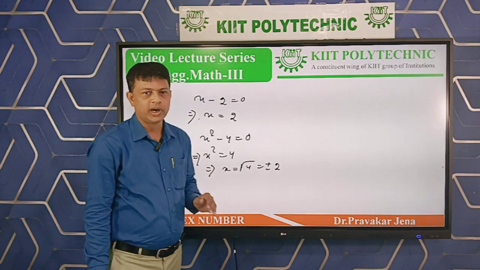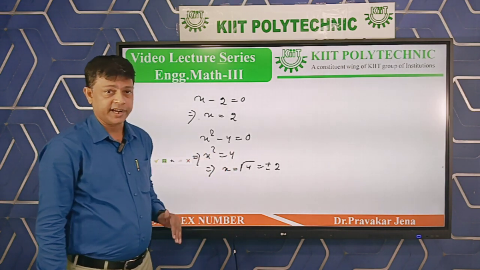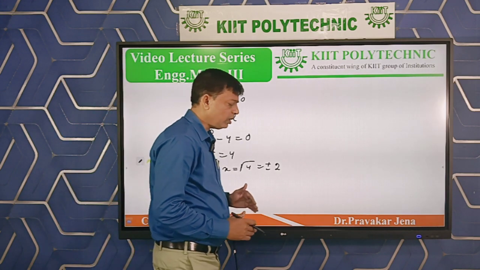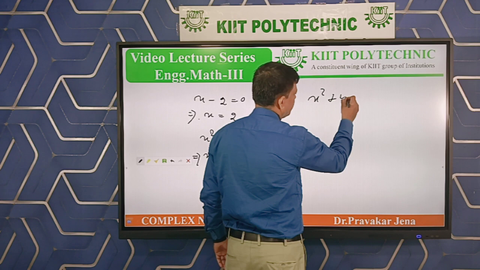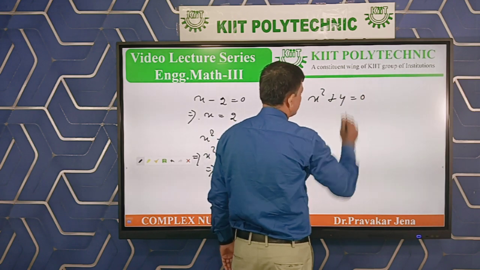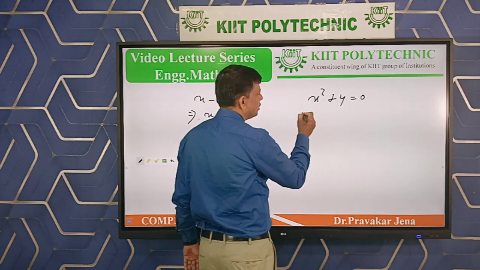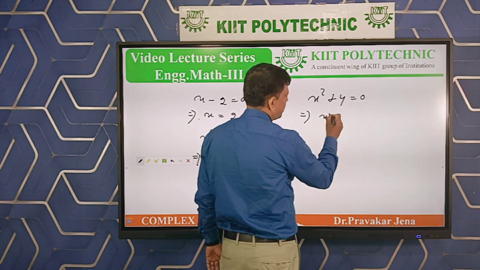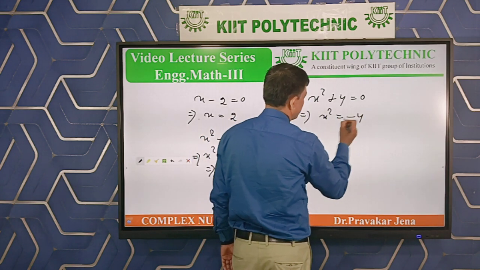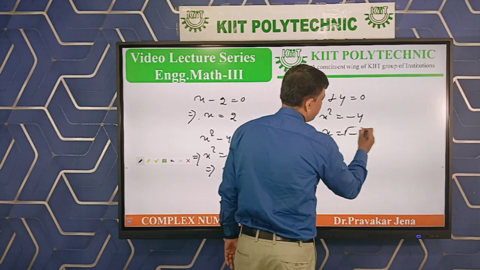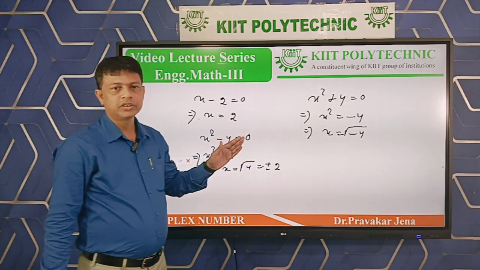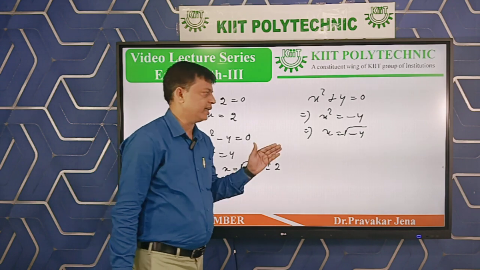But if we consider another equation, x square plus 4 equals 0, then x square equals minus 4, and this implies x equals root over of minus 4. This is very important in that case.